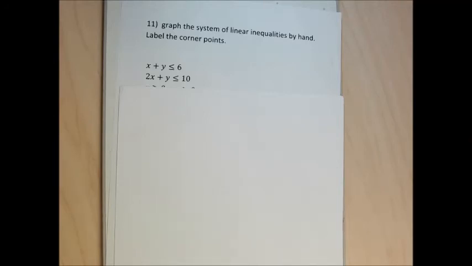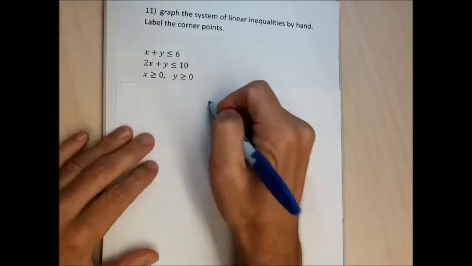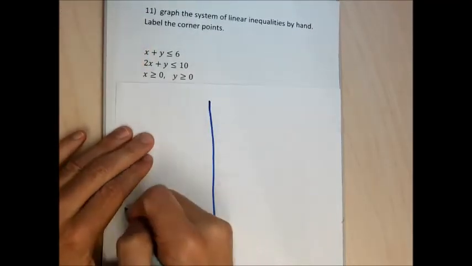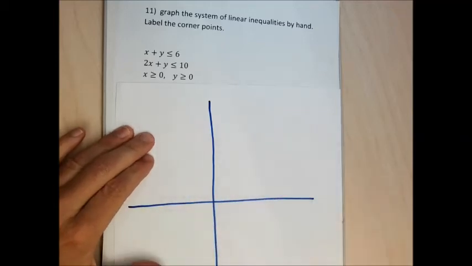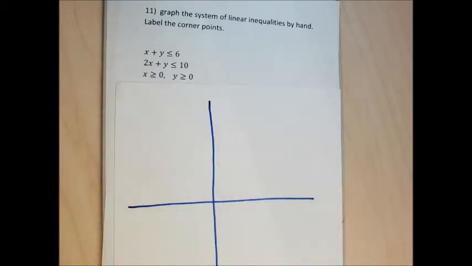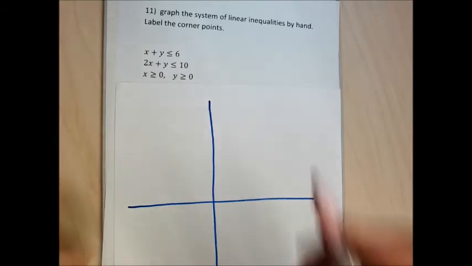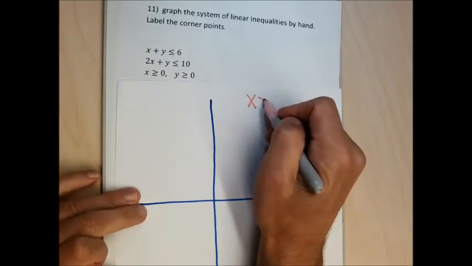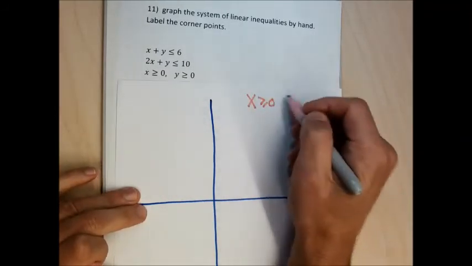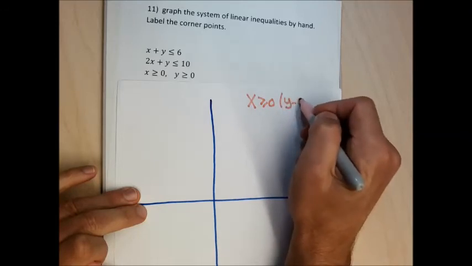Let me start off and just draw a generic graph. I'm going to do the easy graphs first. The first one I'm going to do in pink is x is greater than or equal to 0. And this graph right here is the y-axis.